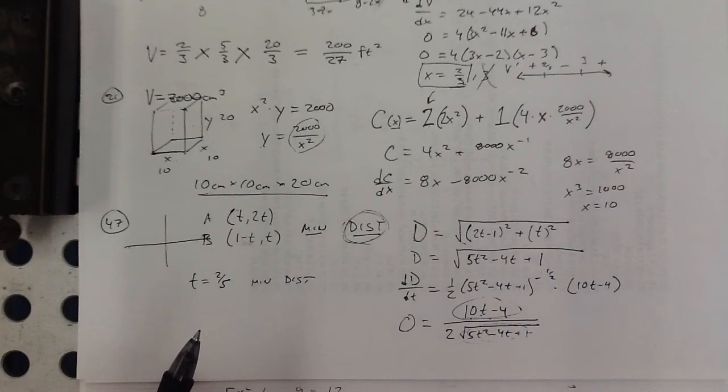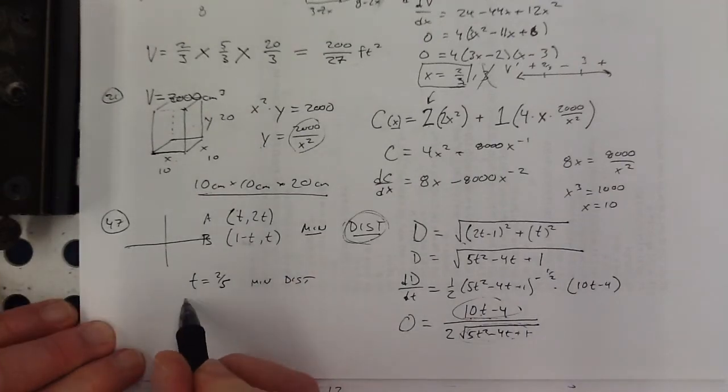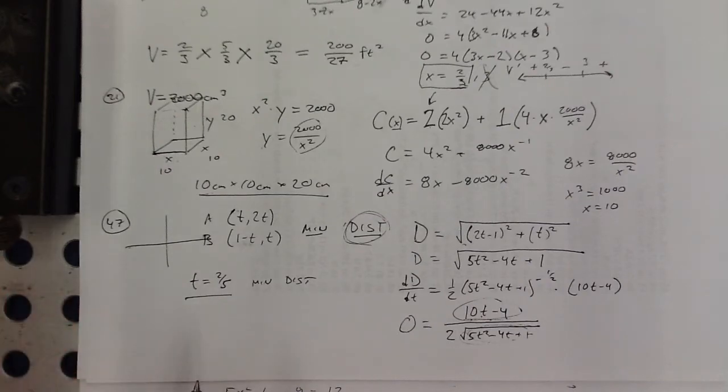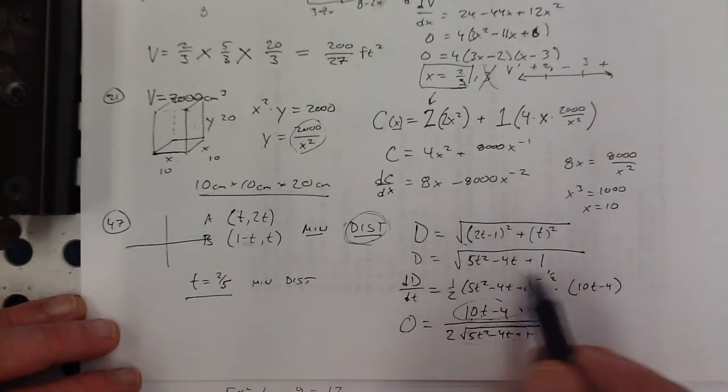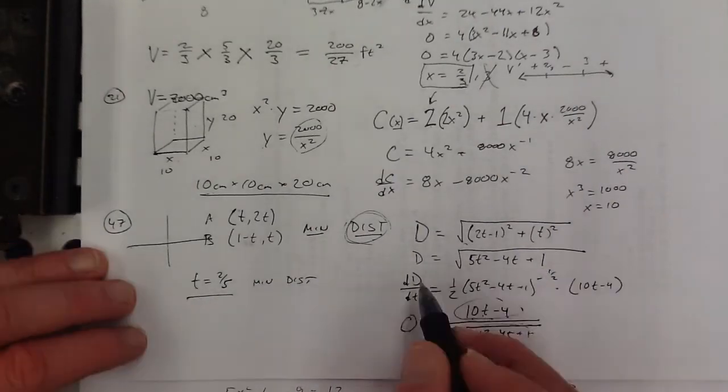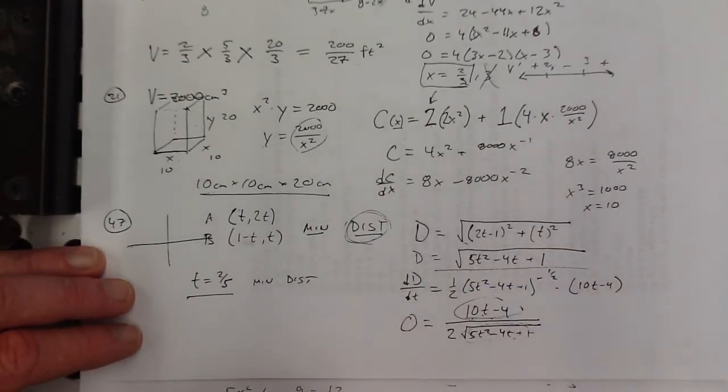47. Find the minimum distance. So this is the time where that minimum distance happens. But if you actually want to find the minimum distance, you have to do this. So where do we want to plug that in? I guess I could plug it in here into this version of it.